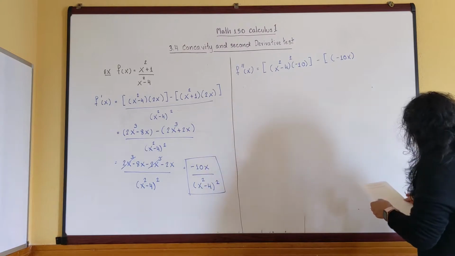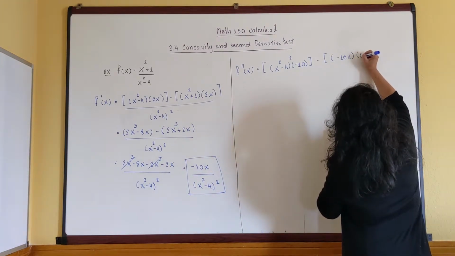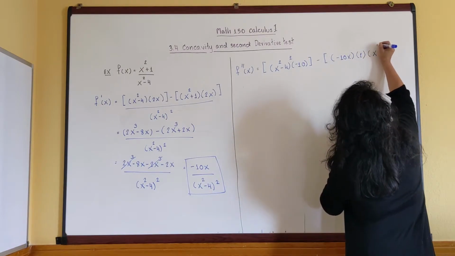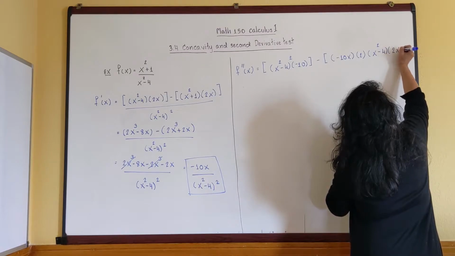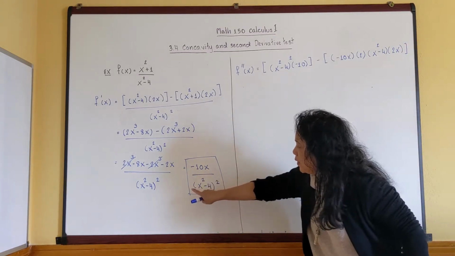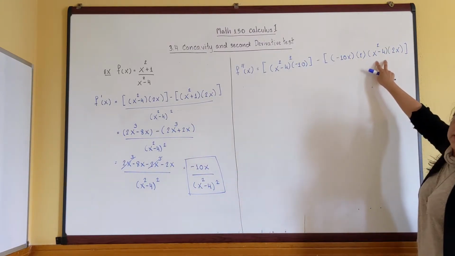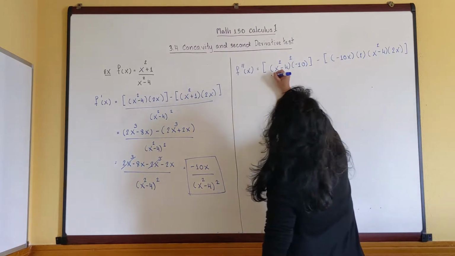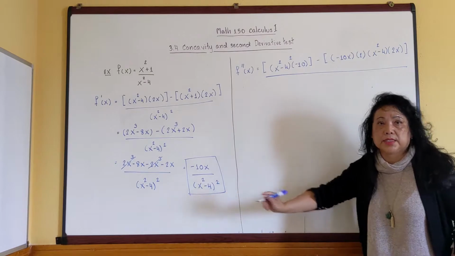So for the derivative of the denominator, I would have 2 times x squared minus 4 times 2x. I bring the 2 up front, the power becomes 1, and then the derivative of the inside. Everything all over denominator squared.